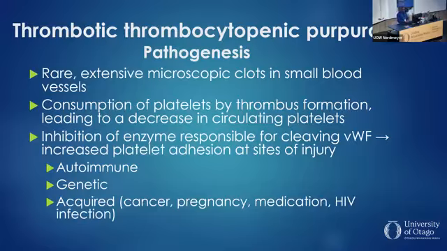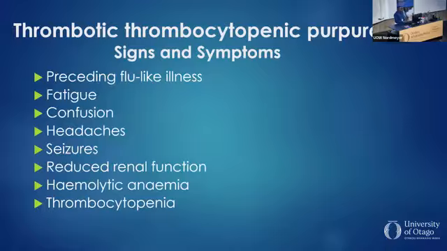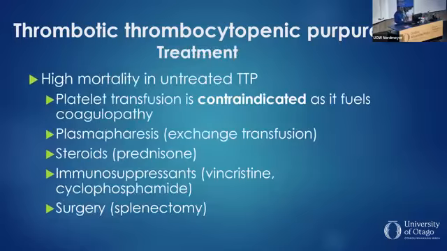So it can develop. It could be autoimmune, which is acquired. It could be genetic, maybe hereditary. So there are hereditary forms of it. There are acquired forms of it. In terms of symptoms and signs, as listed, mortality can be quite high in untreated TTP, but in cases that are properly diagnosed and treated, it can be managed successfully.